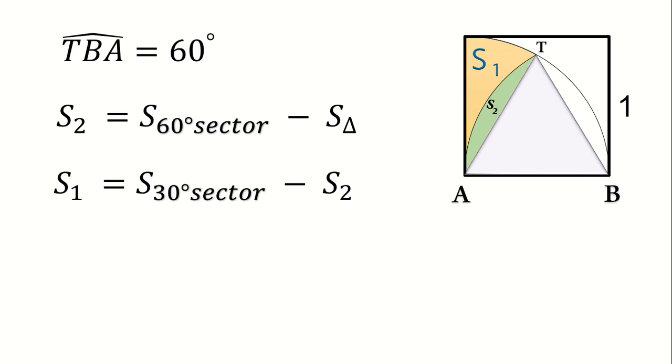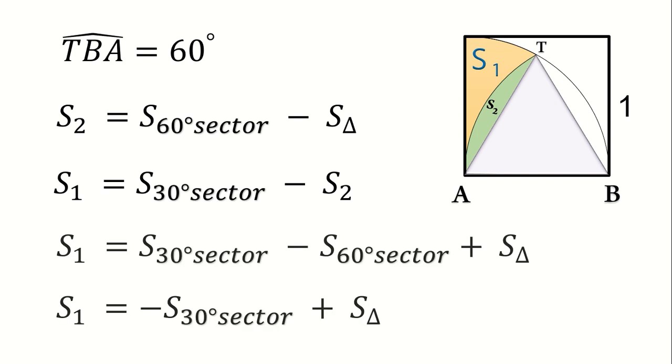To get the S2 area, as I wrote in the previous section, we have S1 is equal to S 30 degrees sector minus S 60 degrees sector plus S triangle.